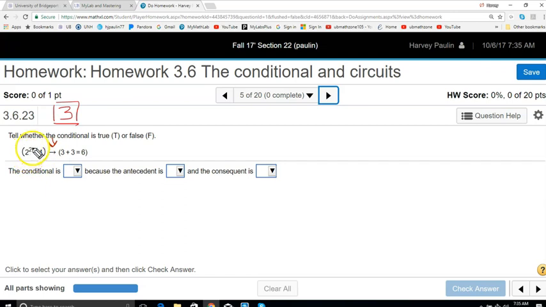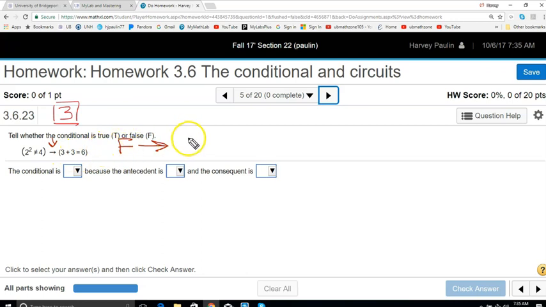Now, 4 squared is equal to 4. That would be the true statement, but they're saying that's not true. While it is true, not true, then this part is false.